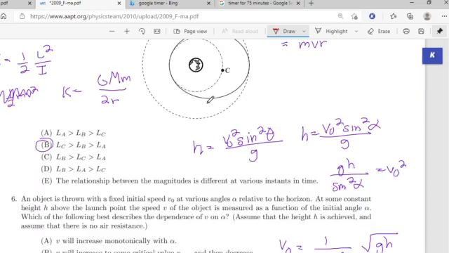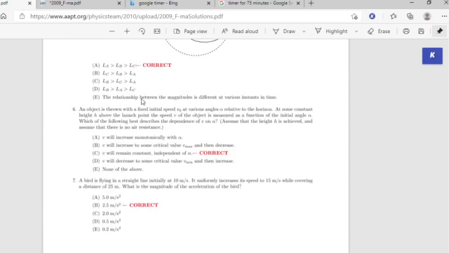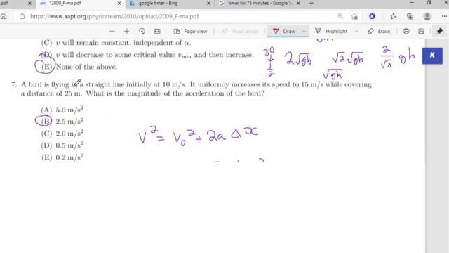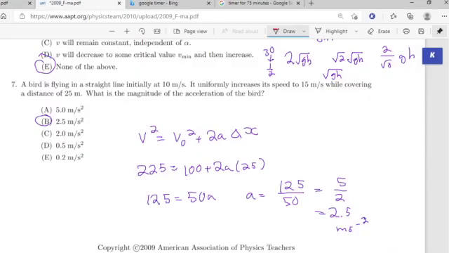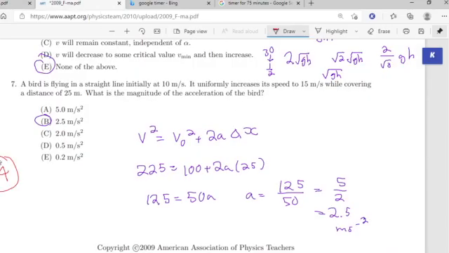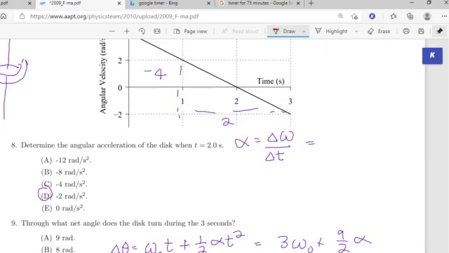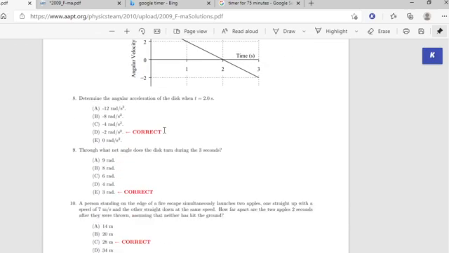For 5, I got B, and the answer is A. Okay, it's not good. 6, I got E, and it's actually C. 7, I got B, and 7 is B. It appears that I did better on the later ones than the beginning ones. 8 is D, so that's correct.